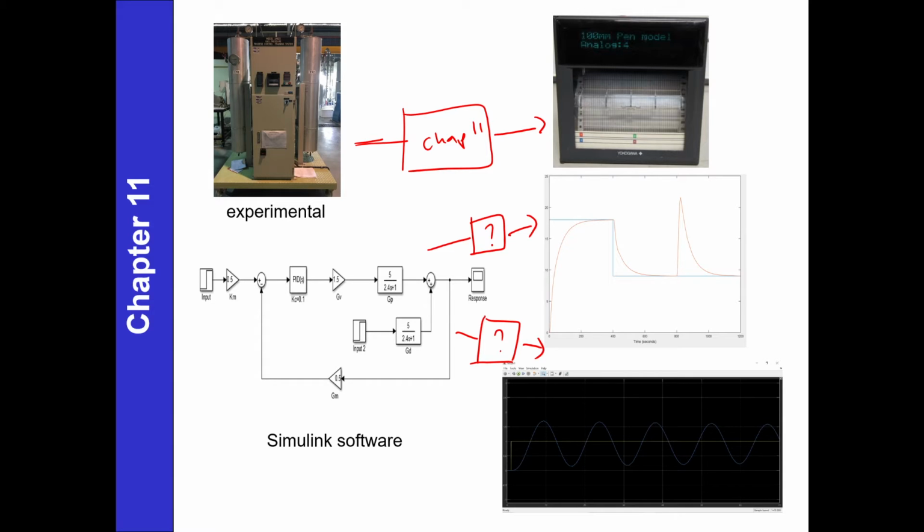It's very challenging to teach this chapter. It's also very challenging to learn this chapter because it's quite complicated. But don't worry, I try my best to explain to you. So this is what chapter 11 is all about. It will show you how you should get this graph mathematically.